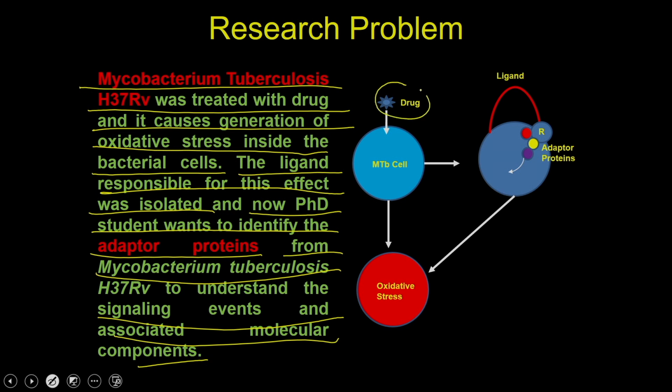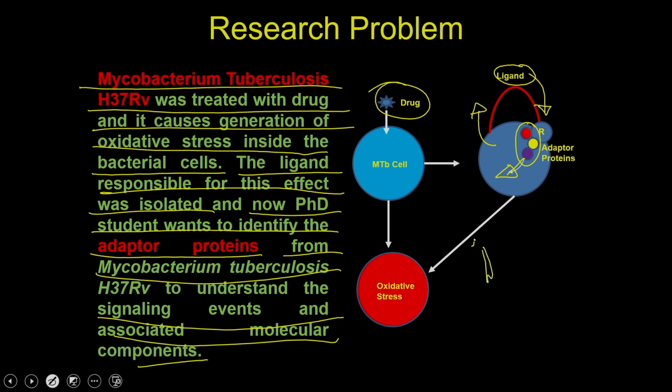You treated Mycobacterium tuberculosis, the infectious organism responsible for TB, and it is generating a ligand, and that ligand is going out and binding to a receptor. Once it is binding to a receptor, this receptor is bringing the adapter proteins, and because of these adapter proteins, it is driving a downstream signaling.